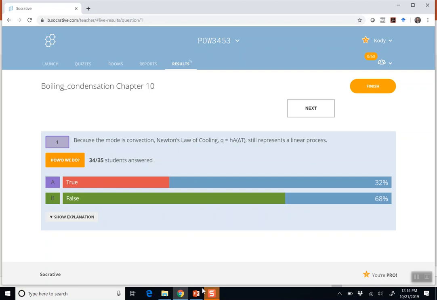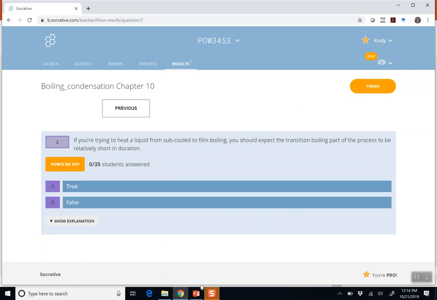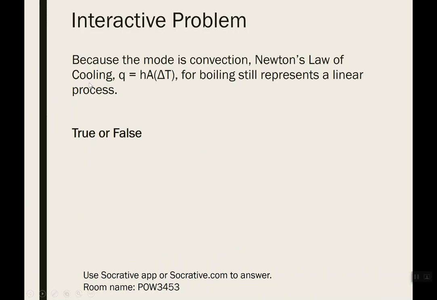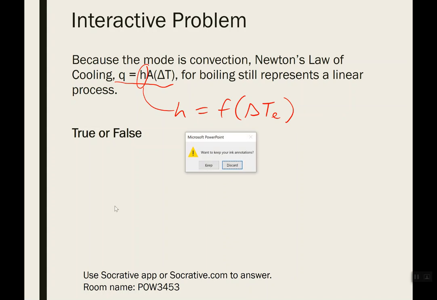So it's important to remember that while we have this pretty equation that looks really simple, H is now a strong function of our delta T. So H is equal to a function of delta T, and specifically it's the excess temperature. So now our H is going to change dramatically based on what our excess temperature is, just like in that curve that we showed.